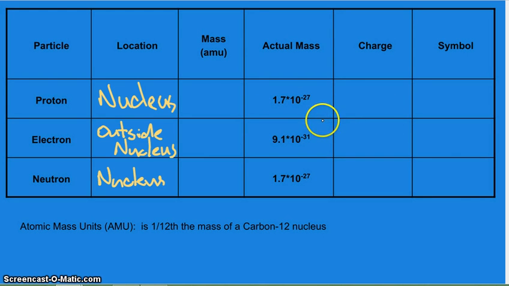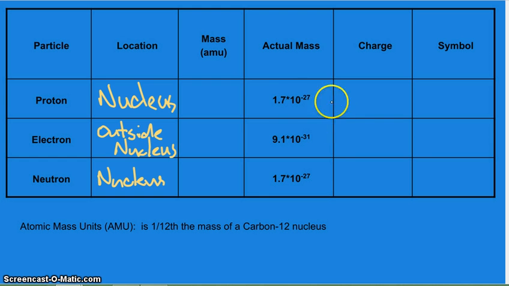And if you look at an electron, it is even smaller. It's over 1,000 times smaller than our proton and our neutron. But our proton and our neutron both have the same, or very close to the same, mass.